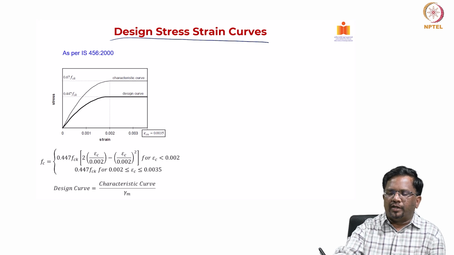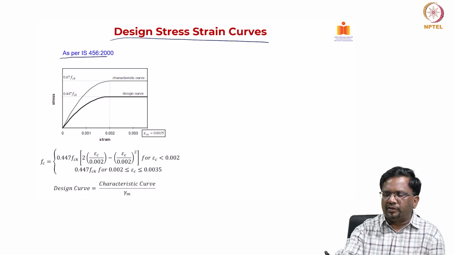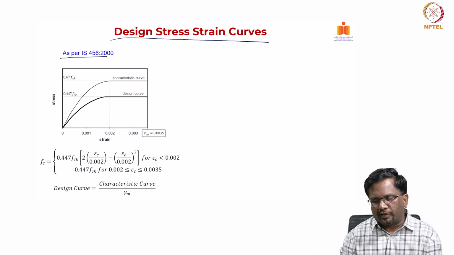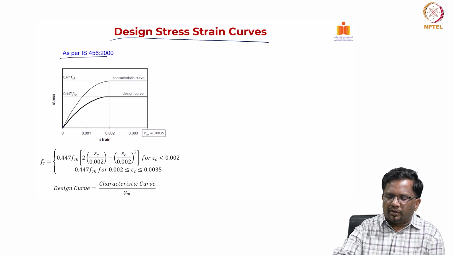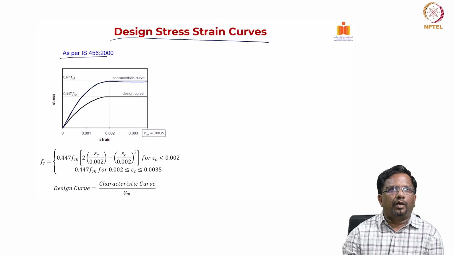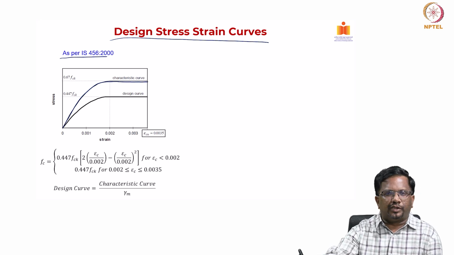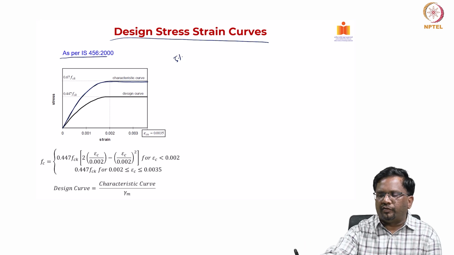So, the IS code defines this curve as a characteristic curve. Now, what is a characteristic curve? So, this is the characteristic curve that we have, right. The characteristic curve itself, we say, is a 5 percentile strength. It is a 5% strength.